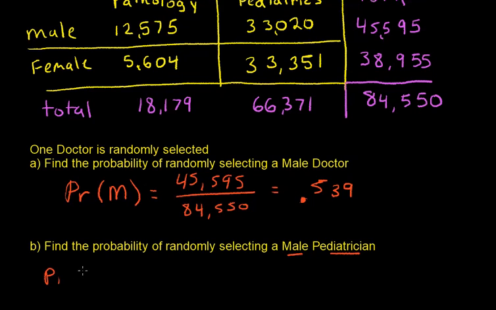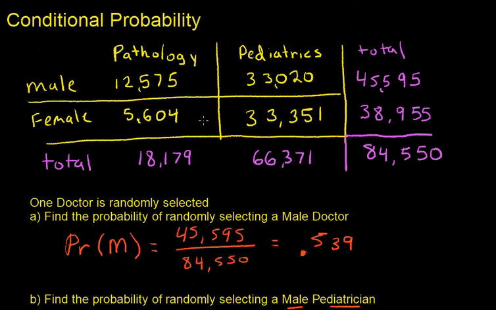So that's basically the probability of being a male and a pediatrician. All right, so let's look at our table. How many male pediatricians are there? So right here, these guys are both male and pediatricians, right? So 33,020.